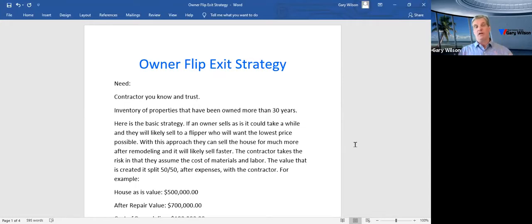Usually it's online, usually it's free, but if it doesn't allow you to search by purchase date, then you're going to have to buy the data. Typically you can buy a county database for like $50, okay? And you download it on the computer in a spreadsheet, and then you can search by date purchased. What we're looking for is people who have owned their properties for 30 or more years, all right? We've even done it for 40 or more years, and you'd be surprised at how many people have owned their properties for 40 or more years, okay?